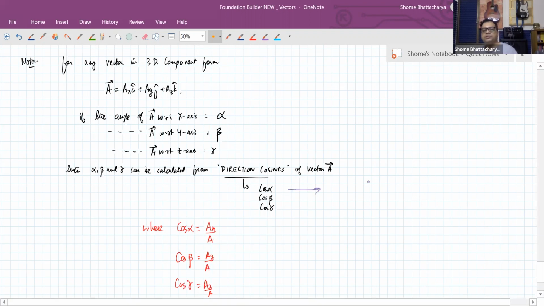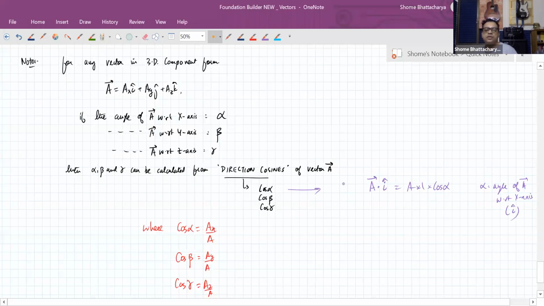It comes from the concept that A's dot product with i cap will become nothing but A's magnitude, multiplied with i cap's magnitude, which is 1, multiplied with cos alpha, because alpha is the angle of vector A with respect to x axis. So that is nothing but with respect to i cap.